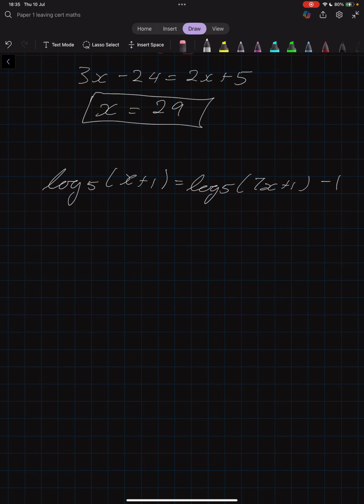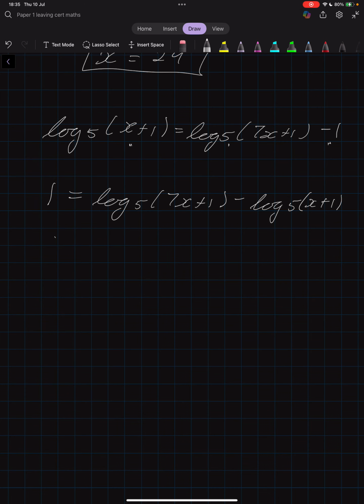The first thing I'm going to do is, again, bring all the logs over to one side. I want to bring this log over to the right and this minus 1 over to the left. So it's going to be 1 equals log to the base 5 of 7x plus 1 minus log to the base 5 of x plus 1.